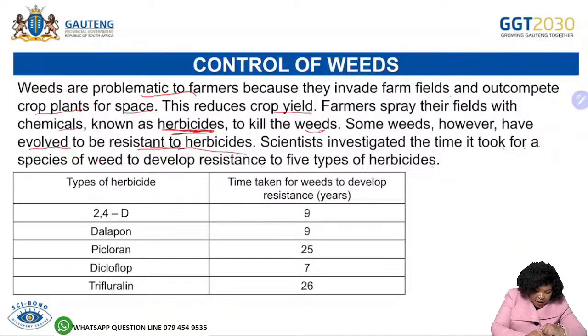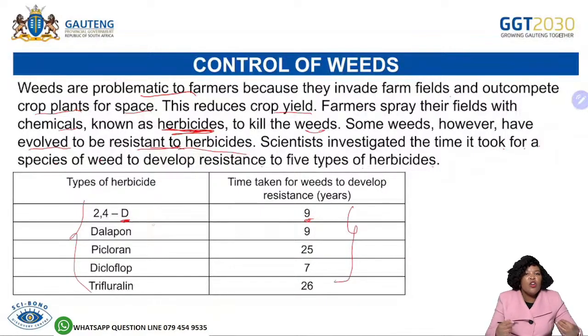So here are the 5 types of herbicides. Here is the time taken for those weeds to develop resistance, meaning after 9 years, when you spray the weeds with a 2,4-D herbicide, it will not kill it. After 9 years, if you spray the weeds with Dalapon, it will not die. This is what the table means. So you need to be able to interpret that table.